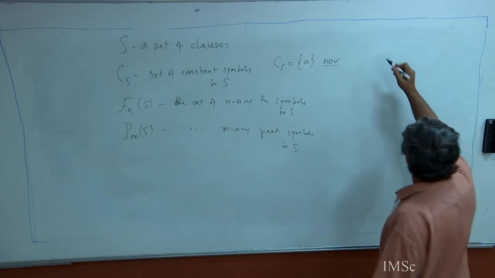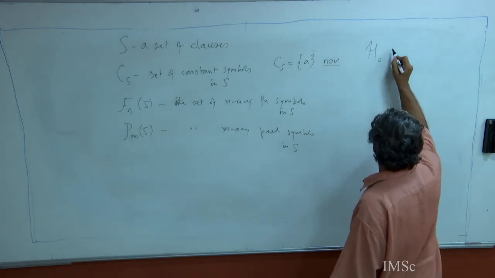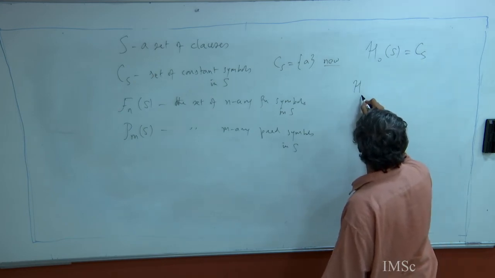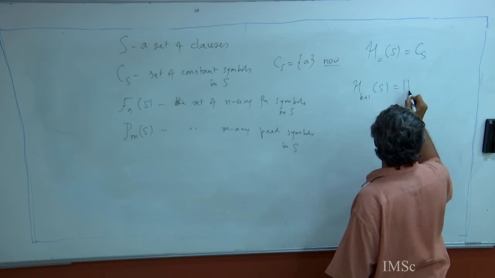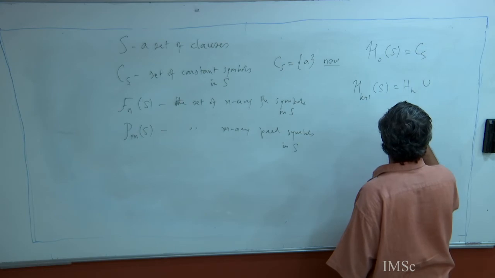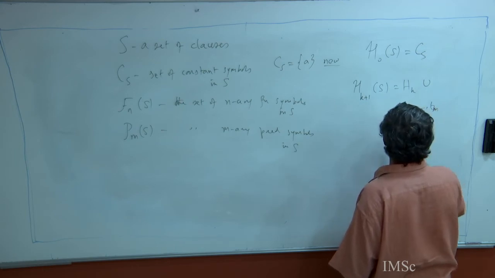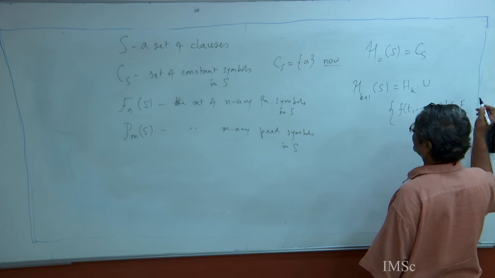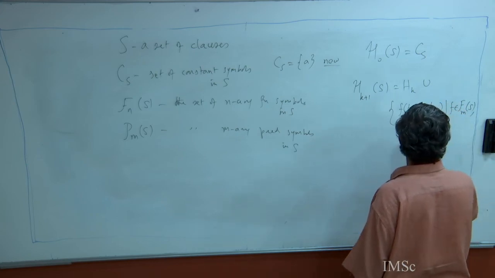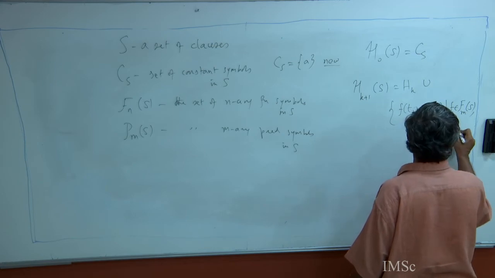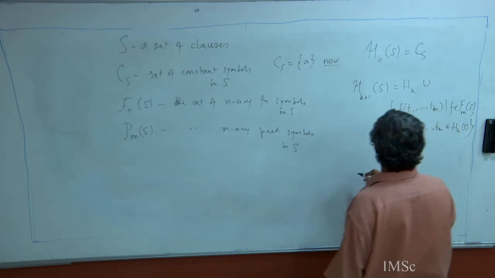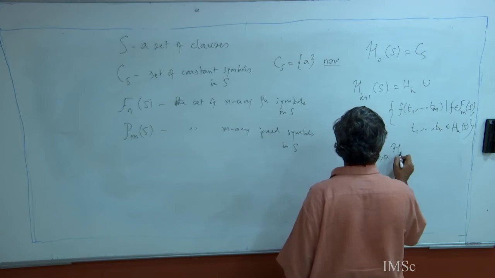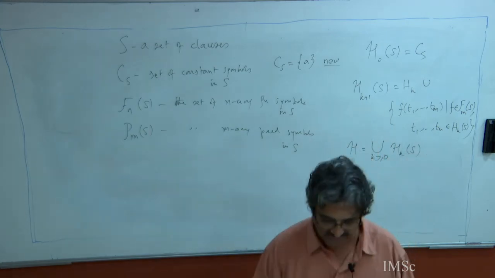So then we define H0 of S to be the set of constant symbols, and H(k+1) of S to be H k of S together with the terms f of T1 through Tm, where f is an m-ary function symbol and the terms come from H k of S, and take H to be the union over all k. I should write H of S.